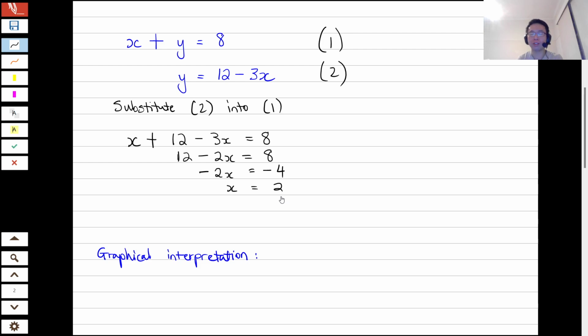So now I've found one of the numbers, x, and now I can choose whichever equation I like to substitute x into to find y. So I could substitute x equals 2 into equation 1, or I could substitute x equals 2 into equation 2, and I'd get the same solution, y equals 6.